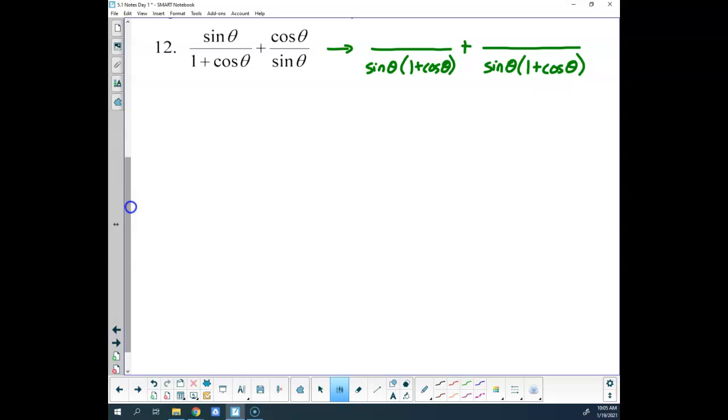Then you go back and adjust each fraction. This first fraction is missing a sine of theta, so I multiply the top by sine of theta. Sine of theta times sine of theta is sine squared of theta. This right fraction is missing a 1 plus cosine of theta.